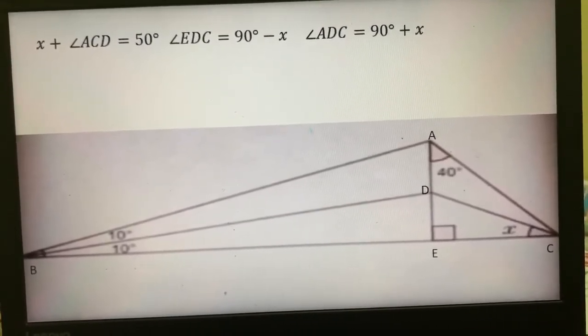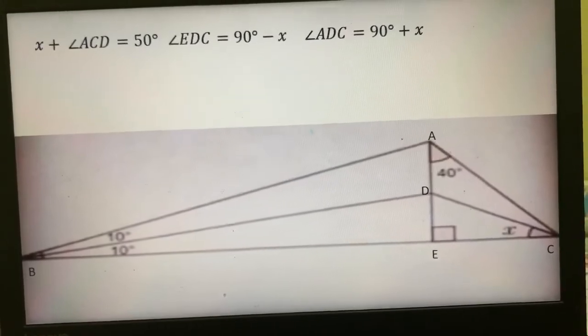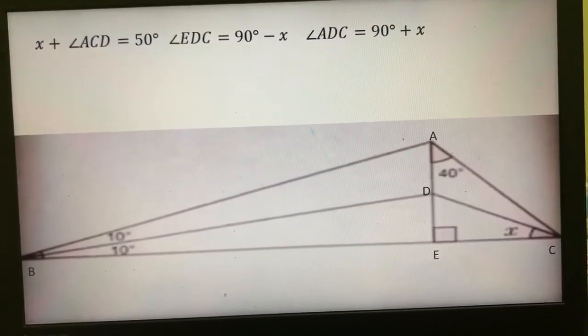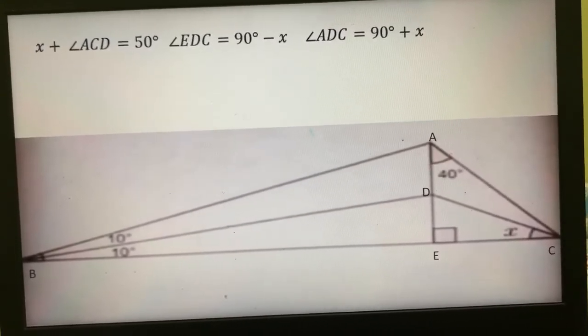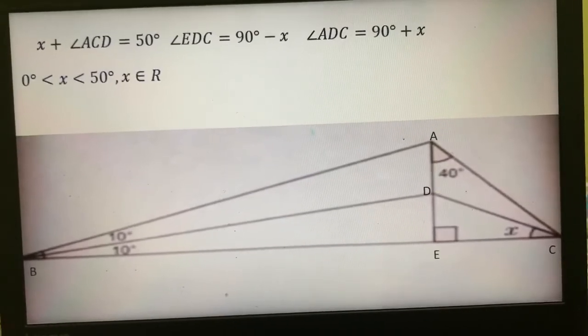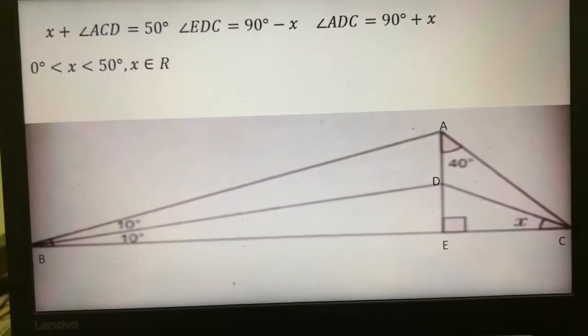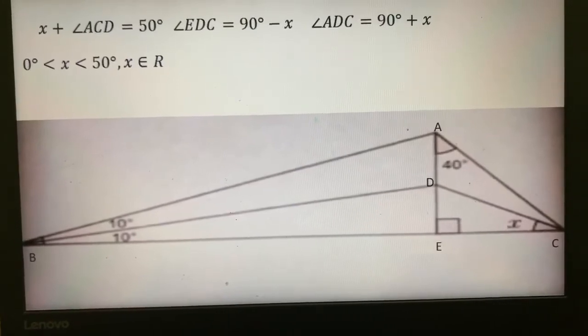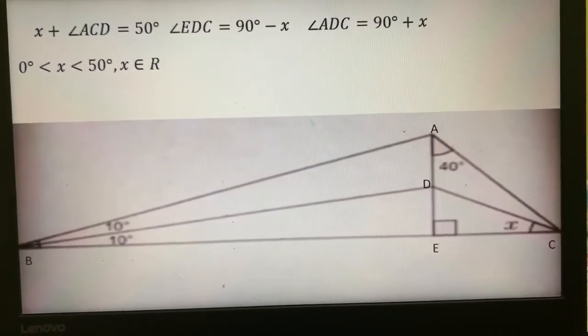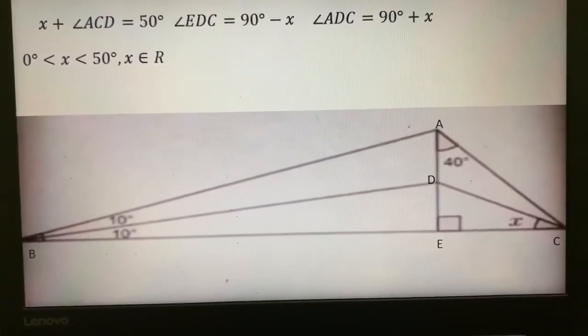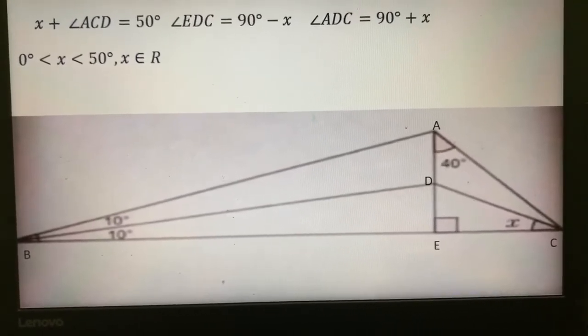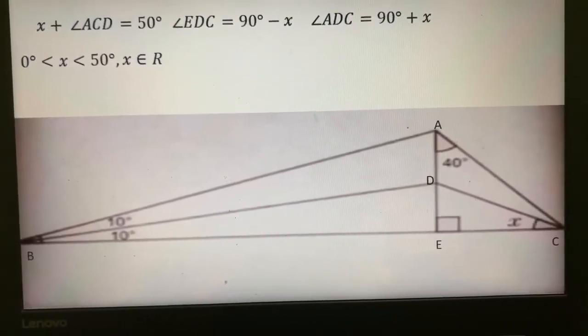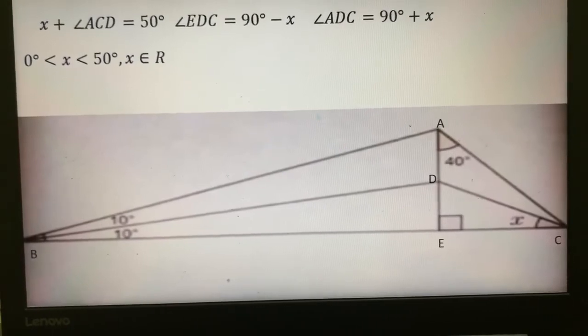No other relations we are getting. So taking the union of all these relations, we can clearly say x can take any real value between 0 and 50 degrees. It is neither equal to 0 nor equal to 50 degrees. x can take any value between 0 and 50 degrees, and x belongs to the real line.